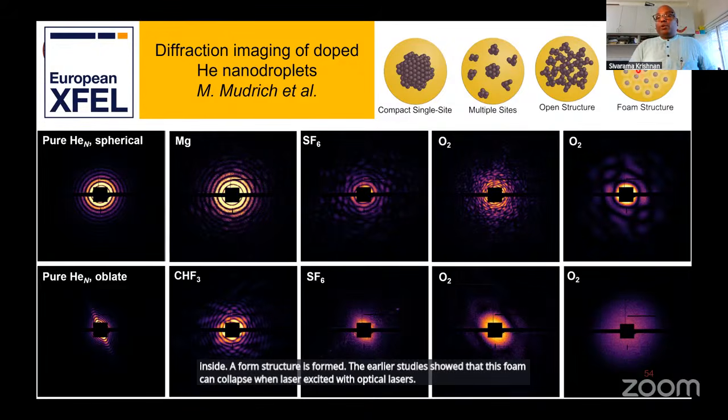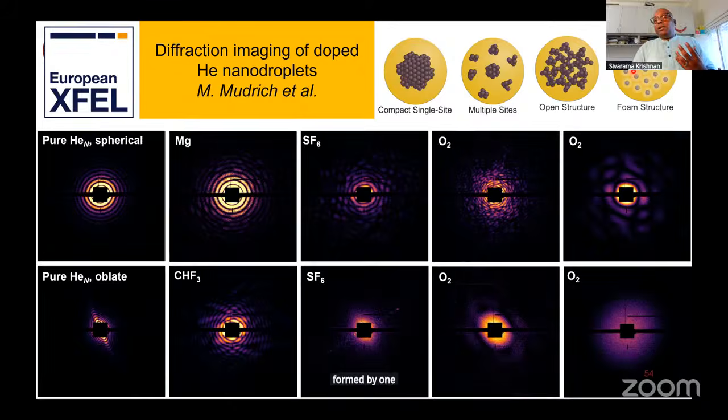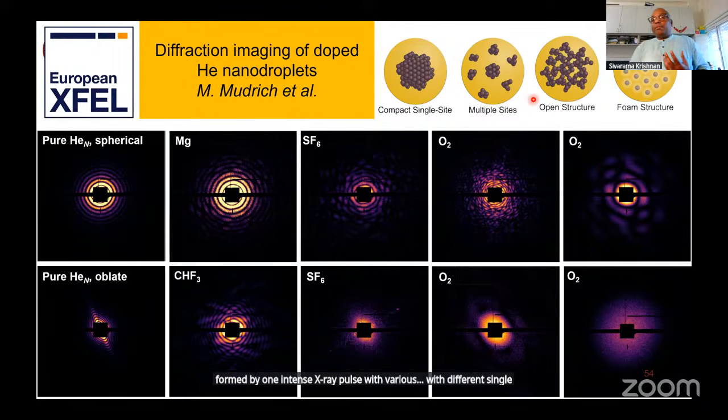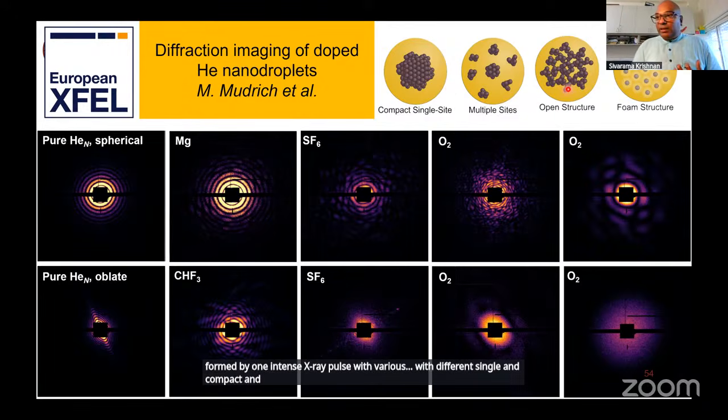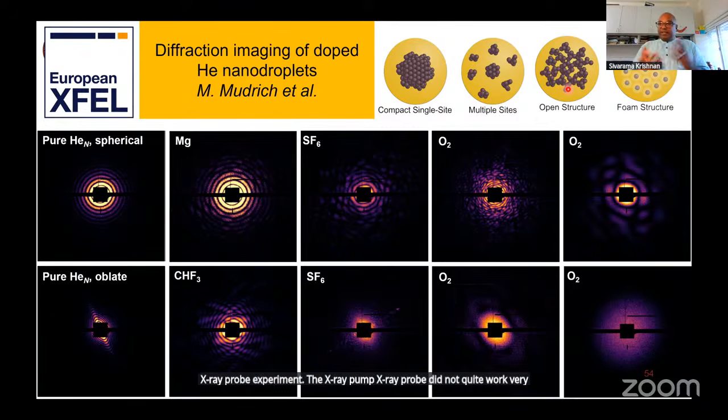So we wanted to examine, for example, nanoplasmas formed by one intense X-ray pulse with different single and compact and multi site targets, which are probed by a second X-ray pulse. So it is an X-ray pump X-ray probe experiment. The X-ray pump X-ray probe did not quite work very convincingly at some level.